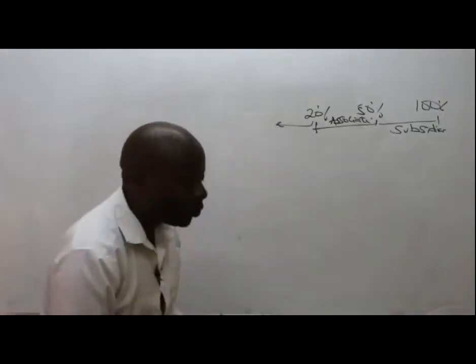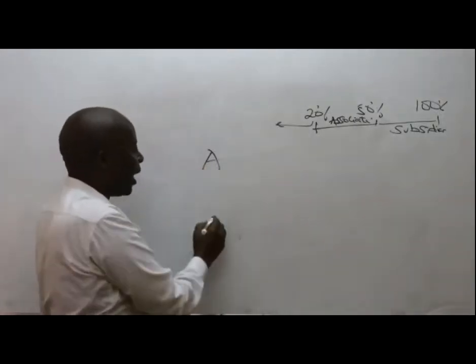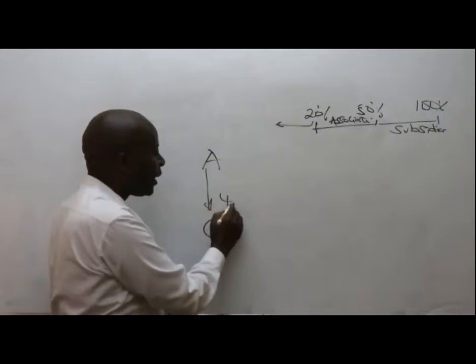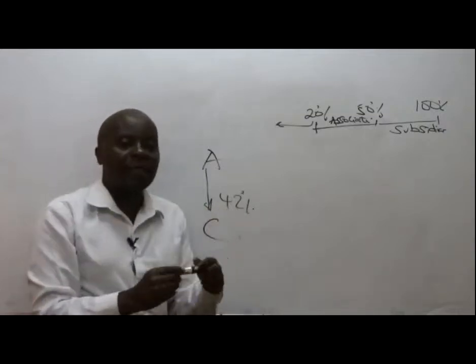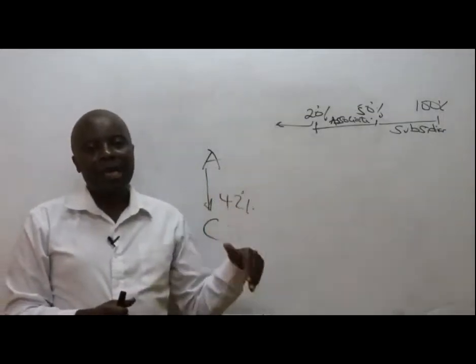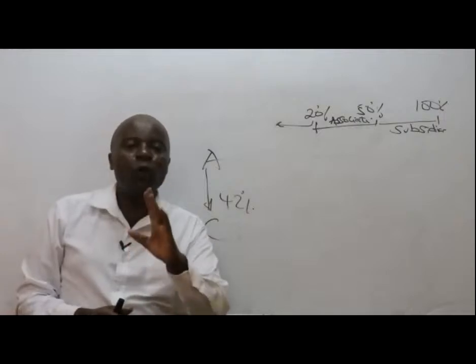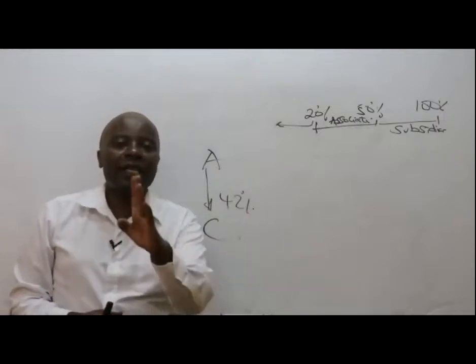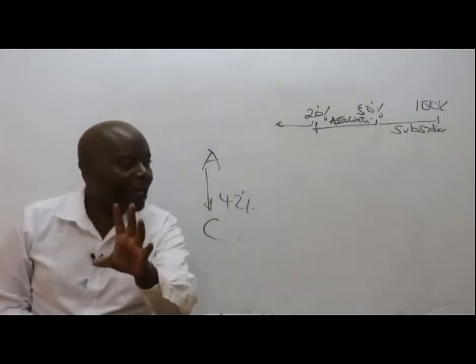For example, we could be having company A having 42% of C. If company A has 42% of company C, you will very comfortably tell us that company C is an associate.